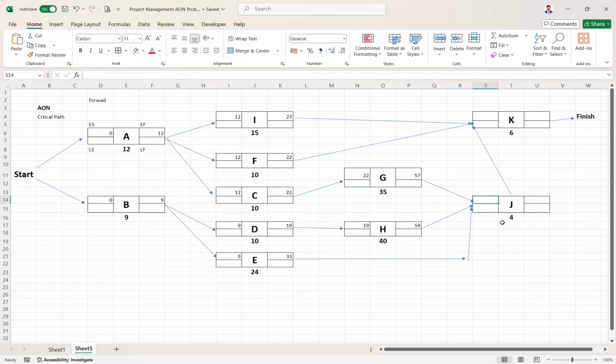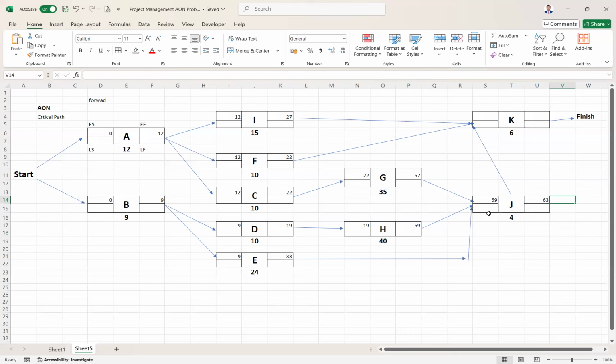So J's early start is the maximum of 57, 59, 33. So the maximum is 59, so 59 will be the early start for J. What will be the early finish? 59 plus 4 is 63. Then K, who are the predecessors?